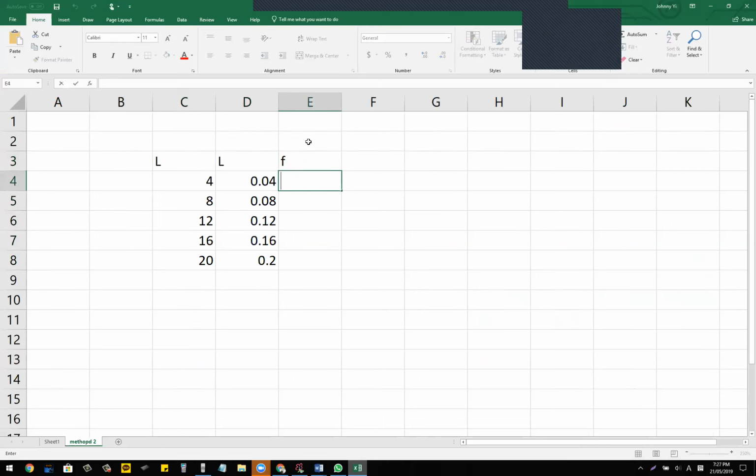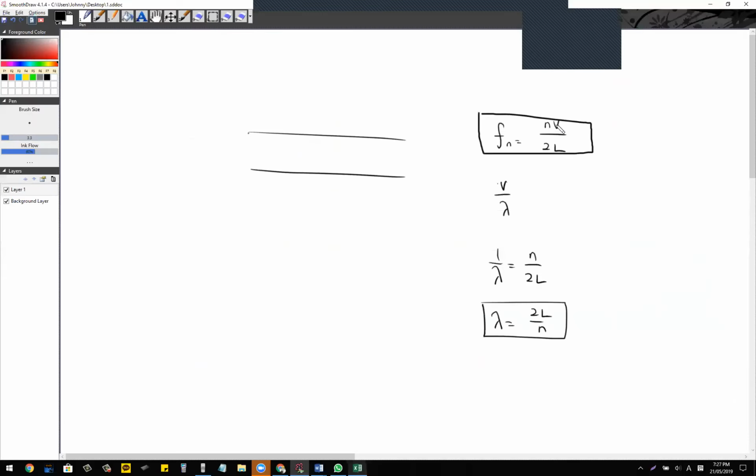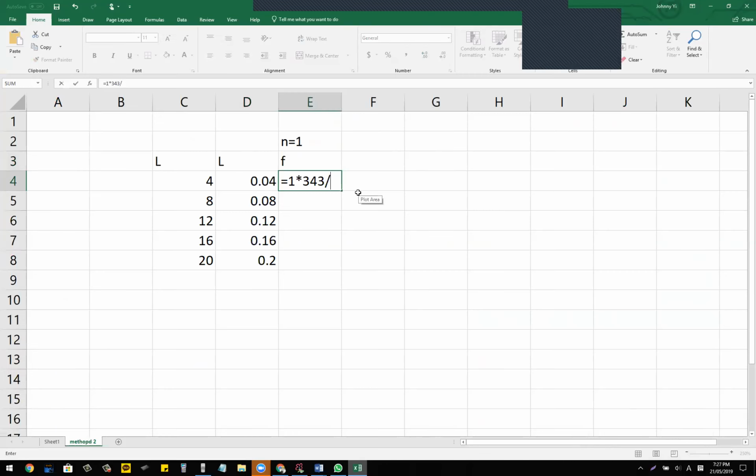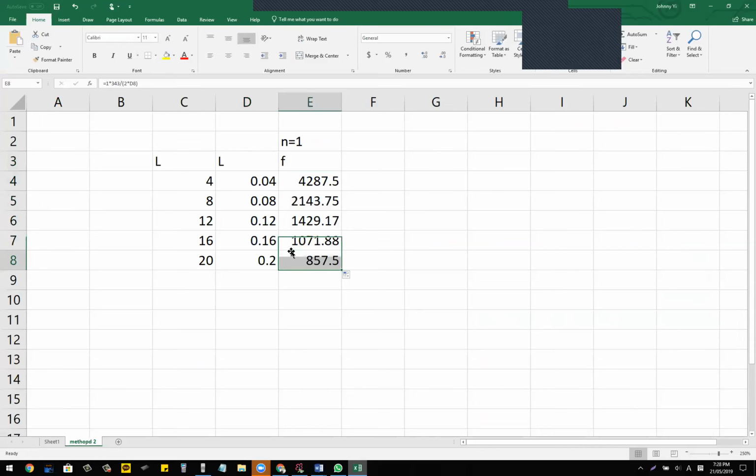For n equals 1, frequency is 1 times the velocity of sound, 343, about that, over 2 times L. So you're supposed to get the first harmonic at this frequency here for 4 centimeters. Okay?